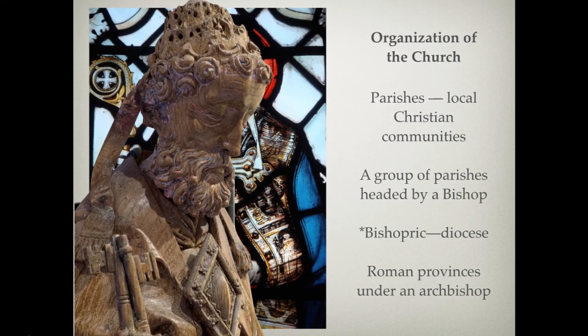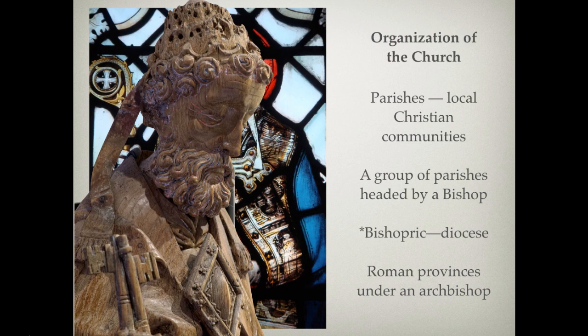Now, how the church was organized was really based around the same model that the Roman Empire had been based around. You end up having parishes, which were local Christian communities. You had a group of parishes headed by a bishop, and this was known as a bishopric, or sometimes referred to as a diocese.